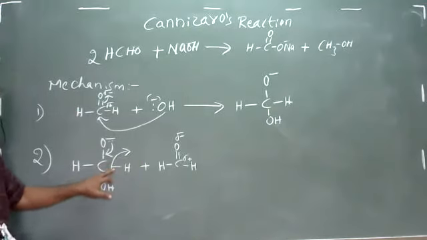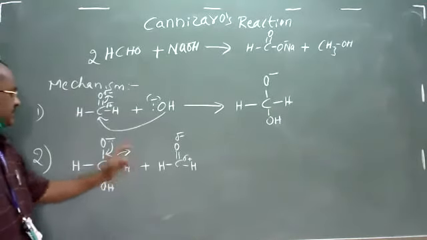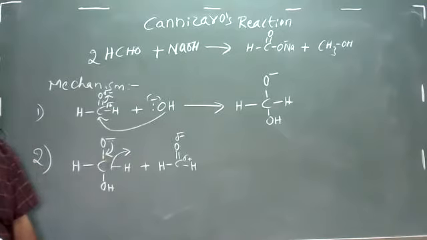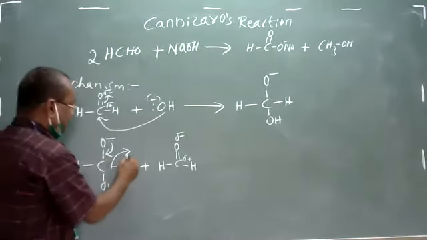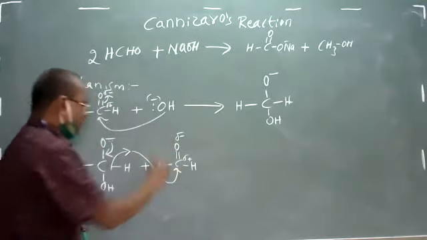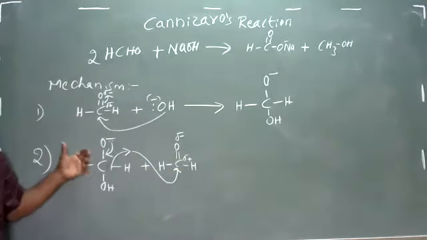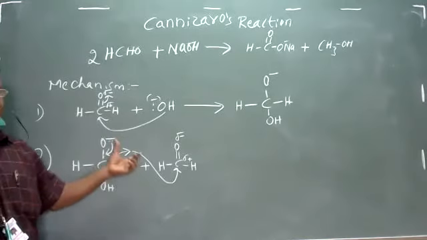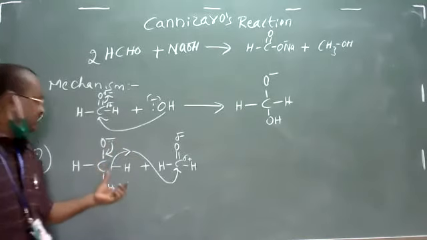Hydrogen comes out taking the bond electrons as a hydride ion, and this hydride ion is going to attack a carbonyl carbon. That is a hydride shift. This is called a hydride shift.